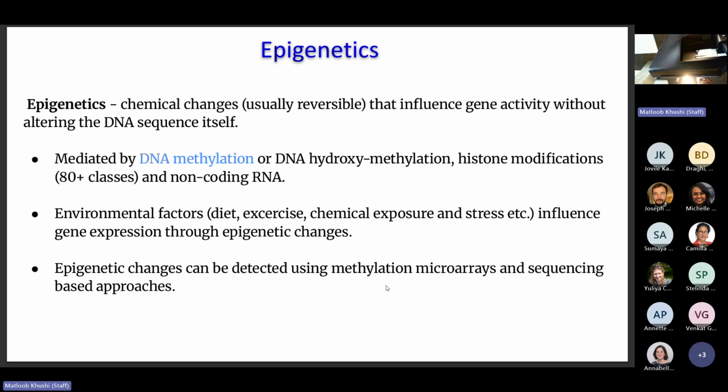Adenine, guanine, cytosine, and thymine. The cytosine bases can be modified by these methyl groups. That's a way of marking certain bits of your DNA so that it basically changes the function of those regions.